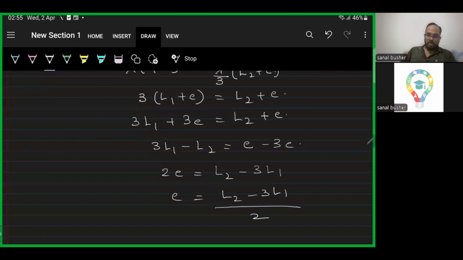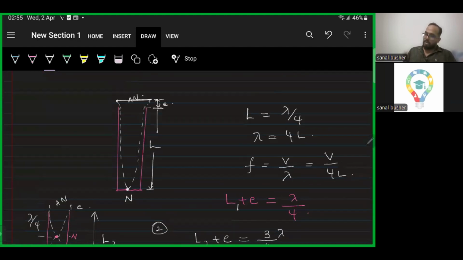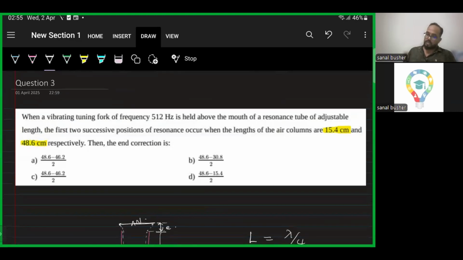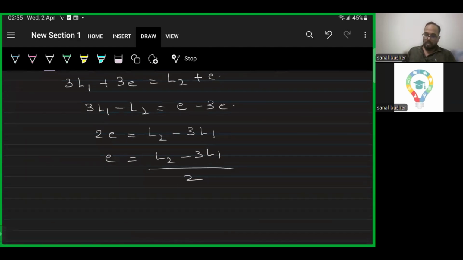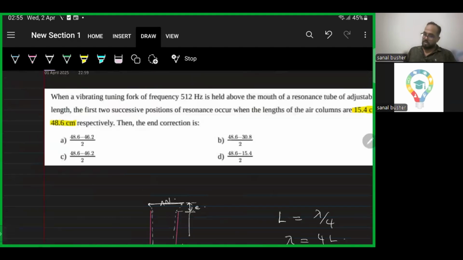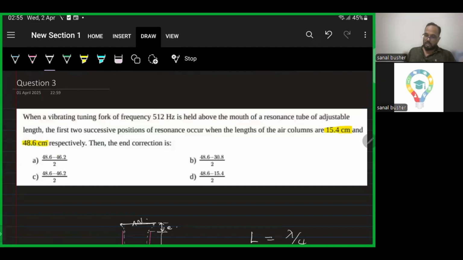Take L1 as 15.4 and L2 as 48.6, and substitute these values: 48.6 minus 3 into 15.4, which is 46.2, divided by 2. So option A is correct.